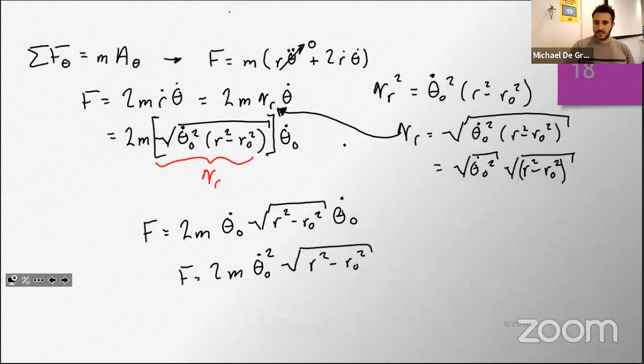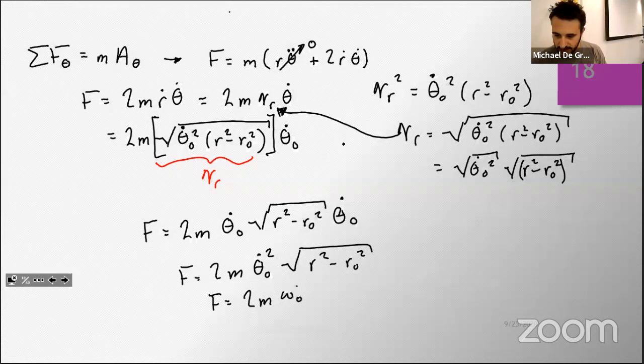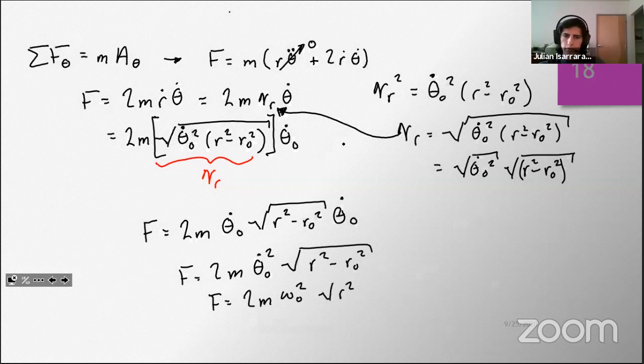So if you're just looking at this force equation, theta dot is the angular velocity, right? So we can write it like this.